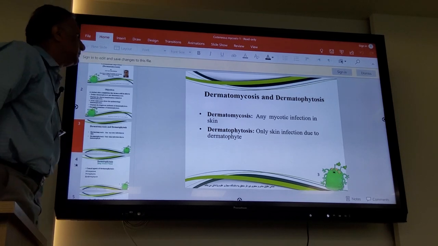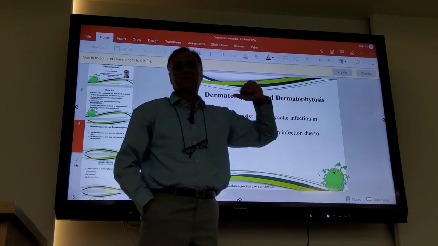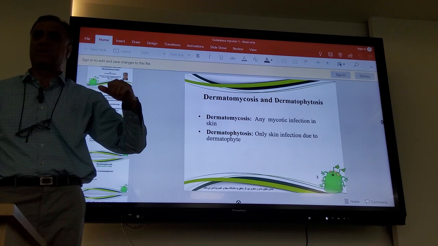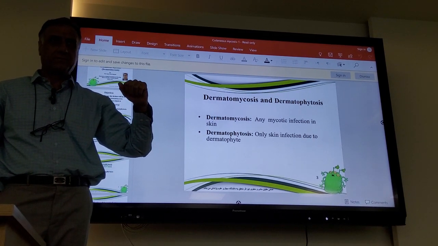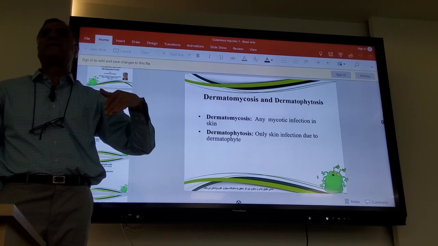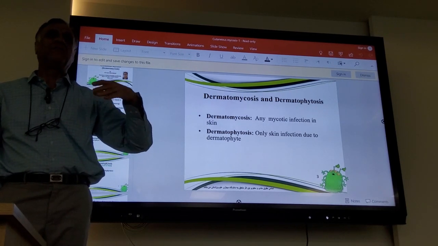We have two terms: dermatomycosis and dermatophytosis. What is the meaning of dermatomycosis? All fungi that can involve skin.